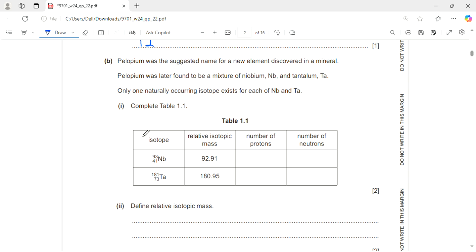Only one naturally occurring isotope exists of each of Nb and Ta. This is the isotope, this is the relative isotopic mass. What is the number of protons? It's so easy. We can see clearly we have 41 protons.